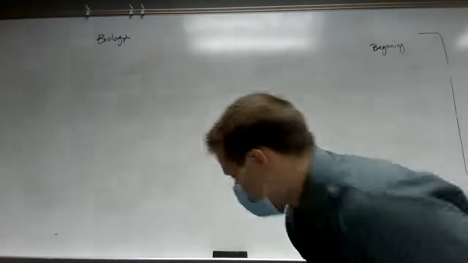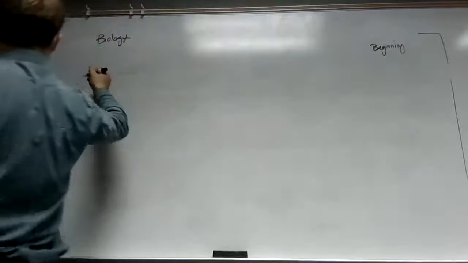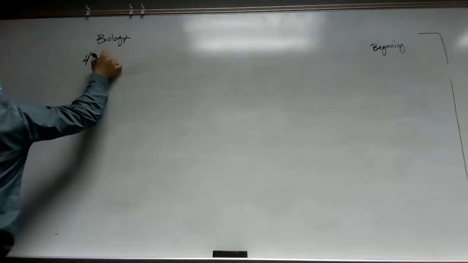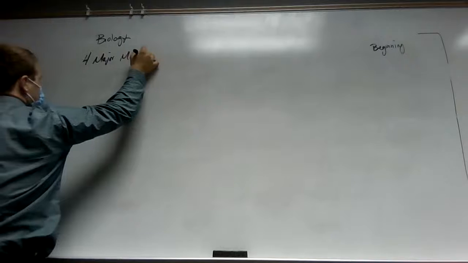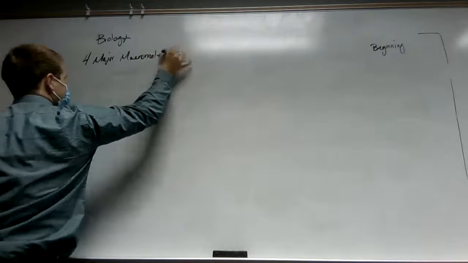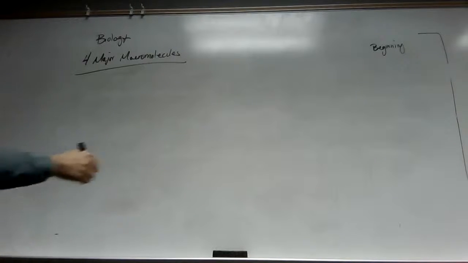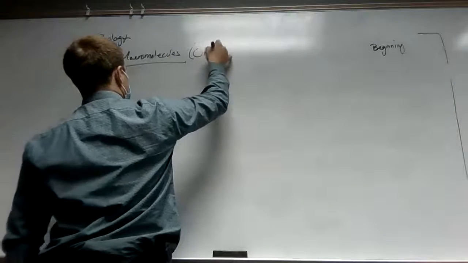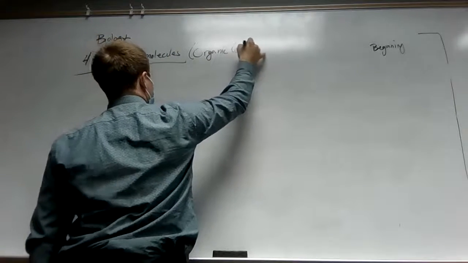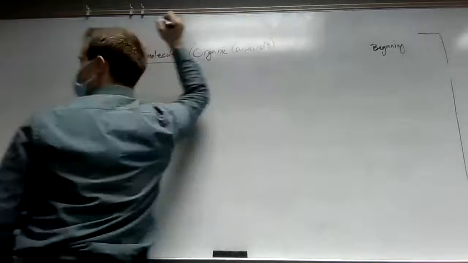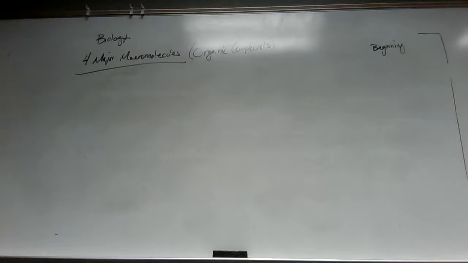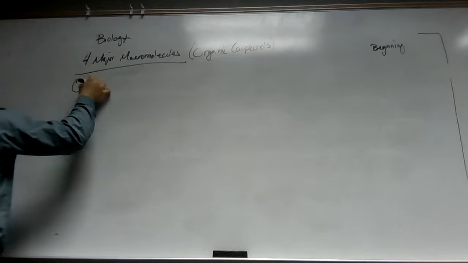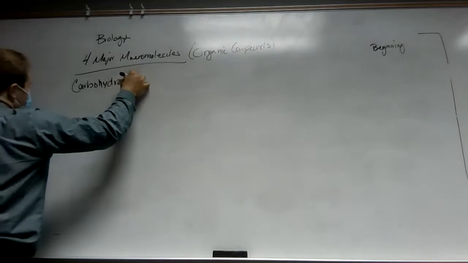All right. So what are our four major molecular models? These are all organic. What do we got? What are our four? Carbs, carbohydrate.